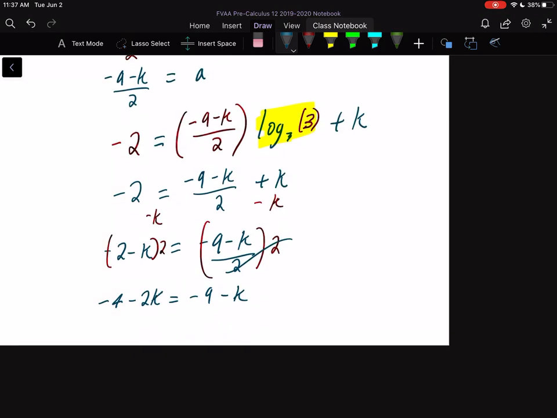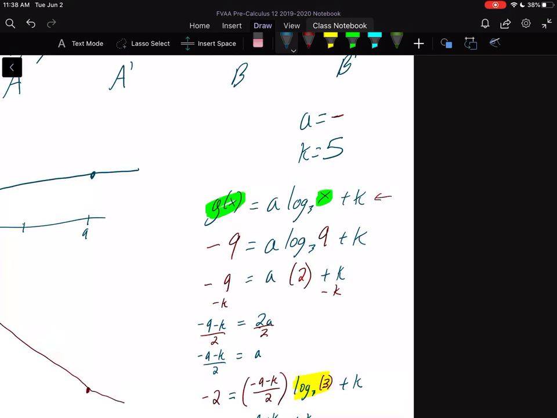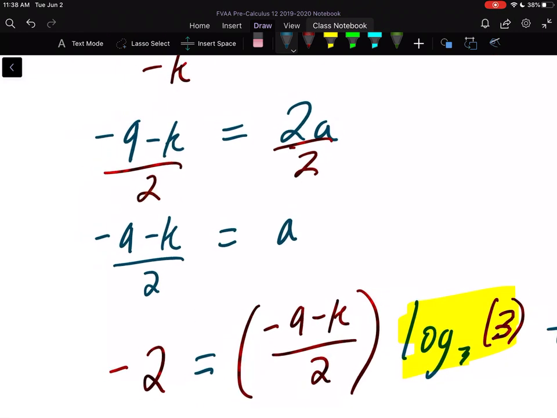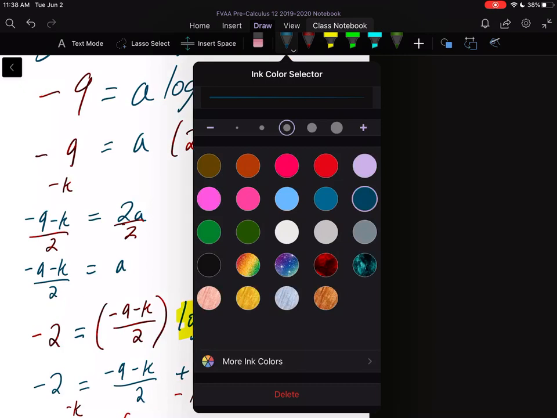So let's bring this 2k over, plus 2k, plus 9, and that gives me k is equal to 5. So there's my value for k. I know that k is equal to 5, okay? And then at this point, I can plug my k value into the equation I ended up with here to get my a value, right? And so let's do that off on the black area here.